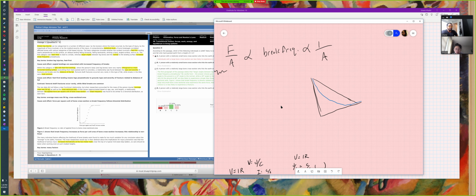It's an inverse relationship. Is it because it's 1 over area?